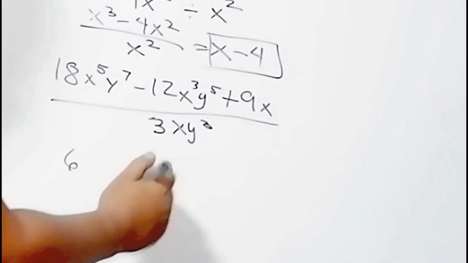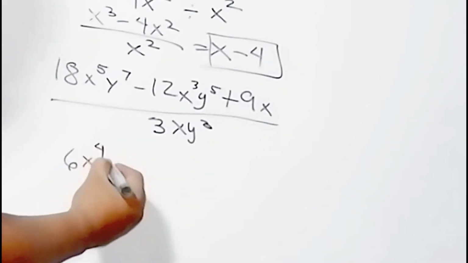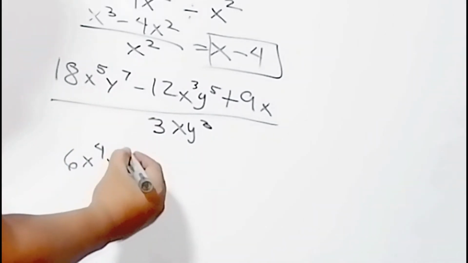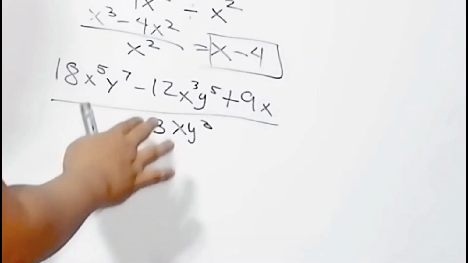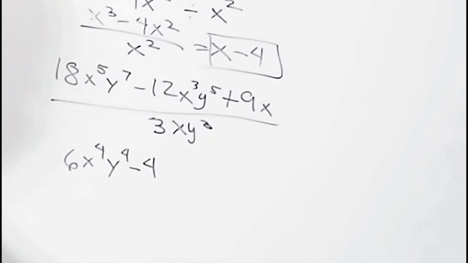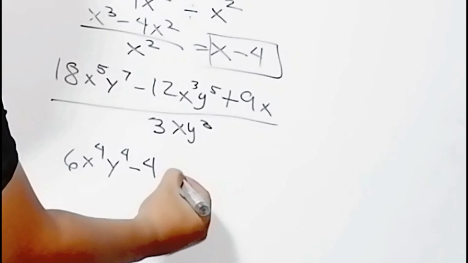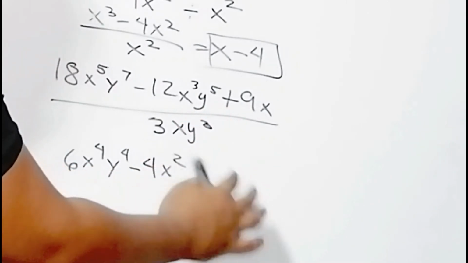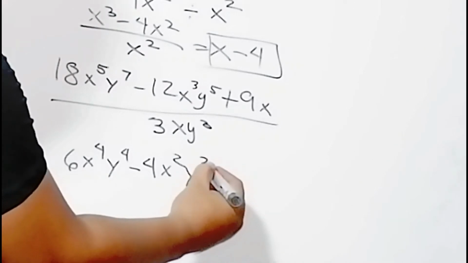X to the 5th divided by x, that is x to the 4th. Y to the power of 7 divided by y cubed, that will give me y to the 4th. Okay, now, negative 12 divided by 3, that will give me negative 4. X cubed divided by x, that is x squared. Y to the 5th power divided by y cubed, that will give me y squared.